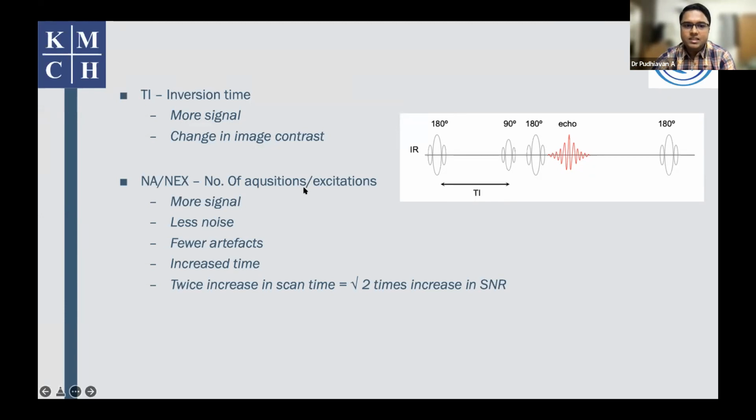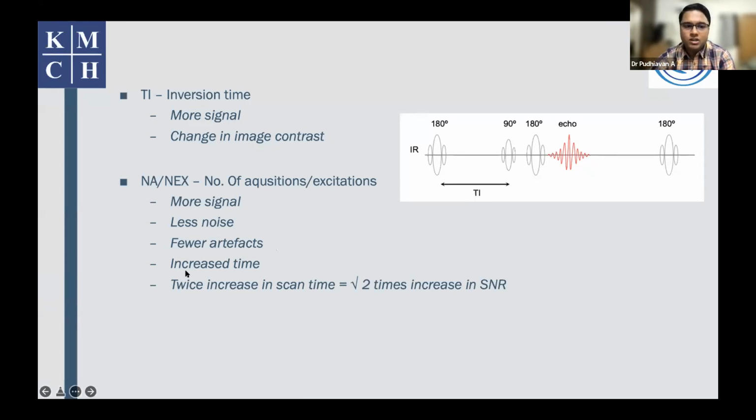So increasing the number of acquisitions will obviously increase the signal strength and the SNR. The noise will be reduced. Artifacts will be fewer because there is more signal available for reconstruction. However, increasing the number of acquisitions will also increase the time.